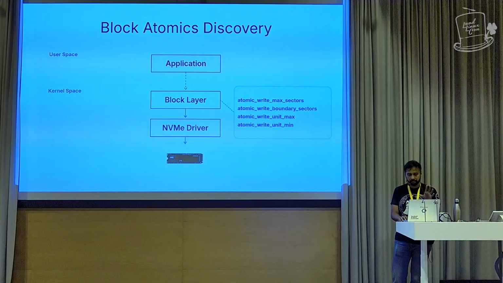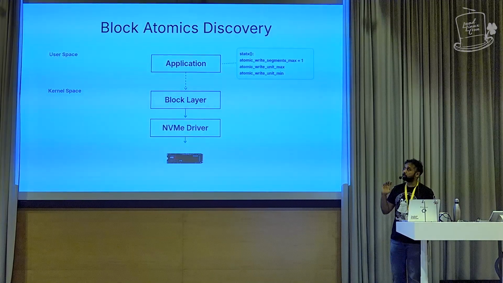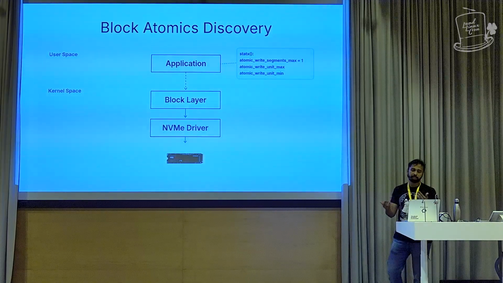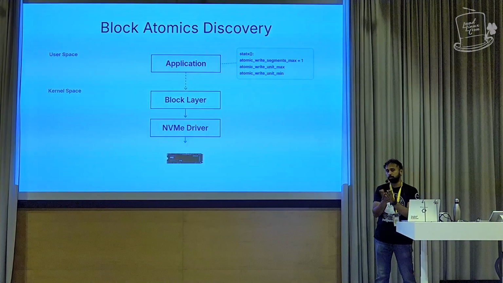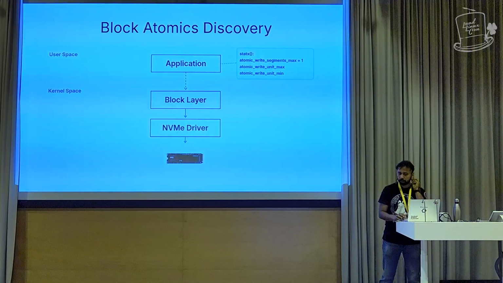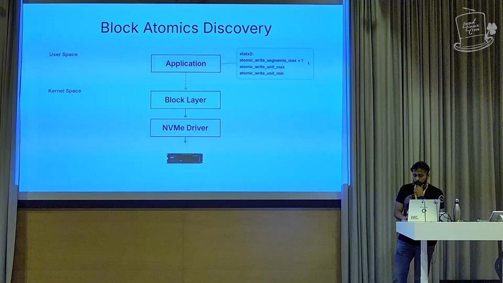So the block layer reads this, and then finally the application can do a syscall to know what is the max and min it can actually use on the block device or file system. Right now we only support a single segment.